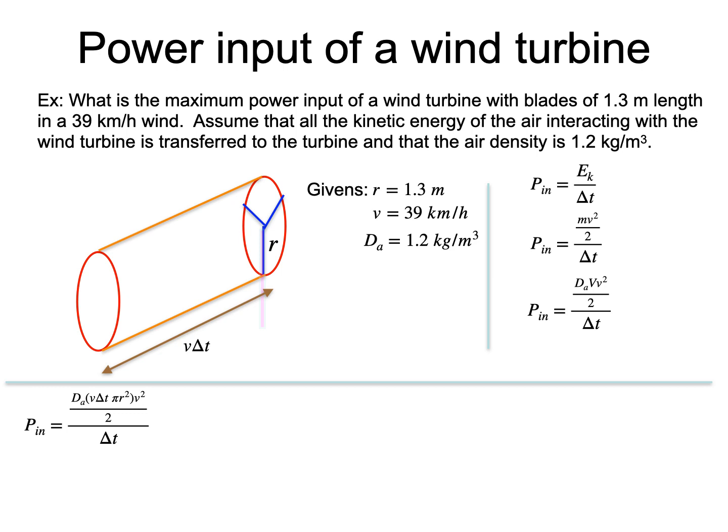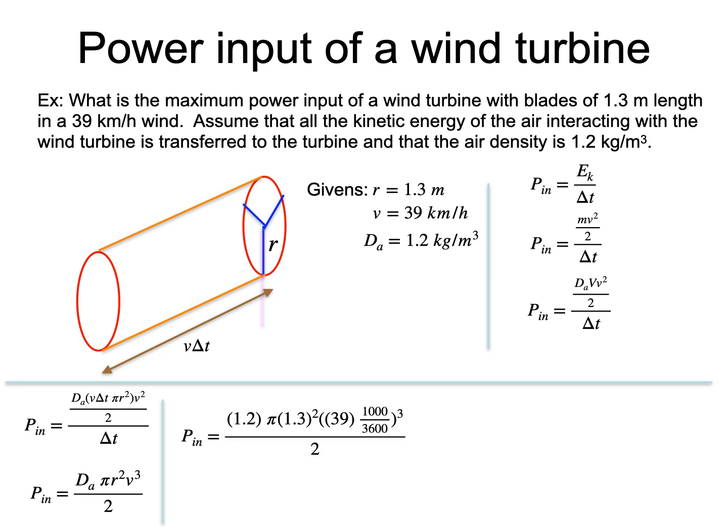After simplifying the expression, we get this. It is time to substitute our numerical values, making sure that we change kilometers per hour into meters per second. A calculator can be used to find the final numerical answer, leading to this final statement.